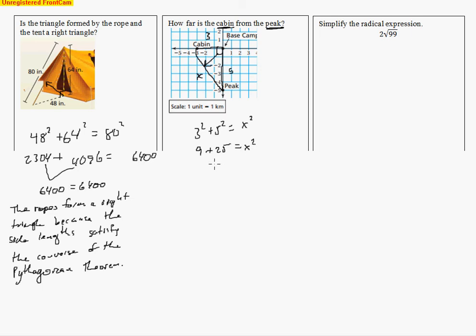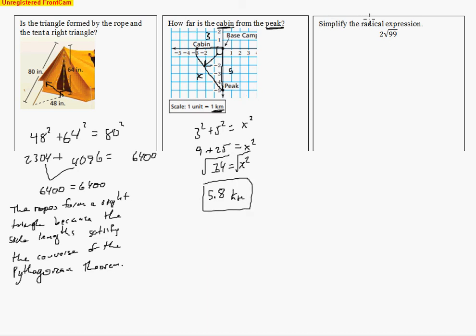When I add these two numbers together, we get 34 equals x squared. So we're taking the square root. Again, it's going to be really close to 6, maybe about 5.8, which is what it rounds to the nearest tenth. And so we're supposed to specify the distance, and 1 unit equals 1 kilometer. So we'll say 5.8 kilometers would be the distance from the cabin to the peak.